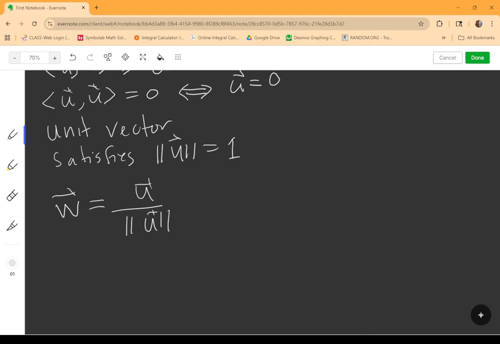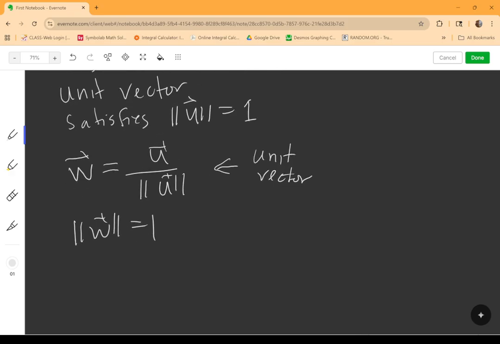Now this is going to be a unit vector. In other words, the norm of w will be equal to 1 always when you redefine it that way. Let's find out why that has to be the case.